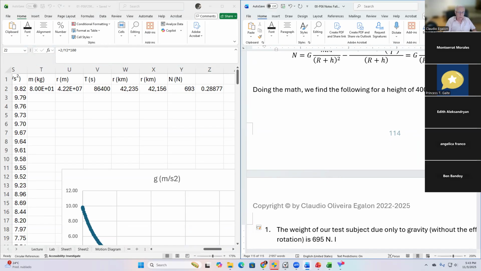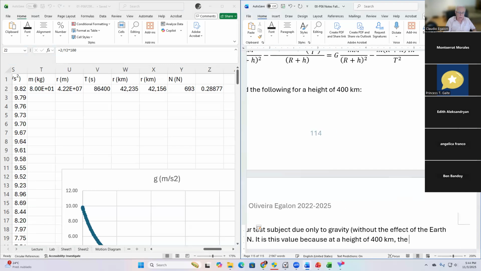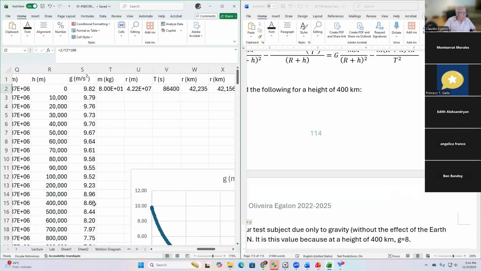It is this value because at a height of 400 kilometers, g is equal to 8.69 meters per second squared.